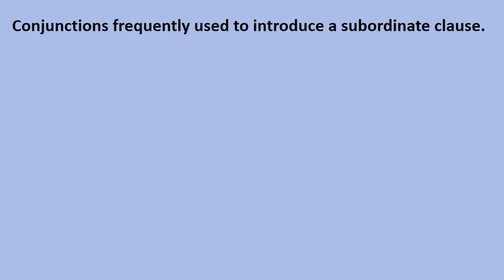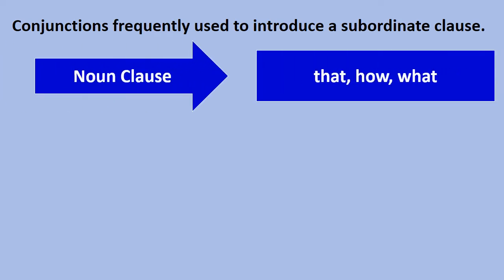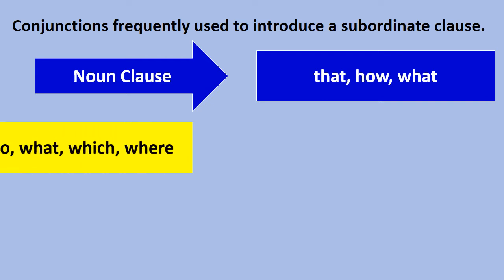Let us see the conjunctions which are frequently used to introduce a subordinate clause or a dependent clause. Since it is introducing a subordinate clause, we will be going clause wise only. I will be telling you the conjunctions as per the clauses. First, noun clause. A noun clause is introduced using conjunctions like that, how and what.